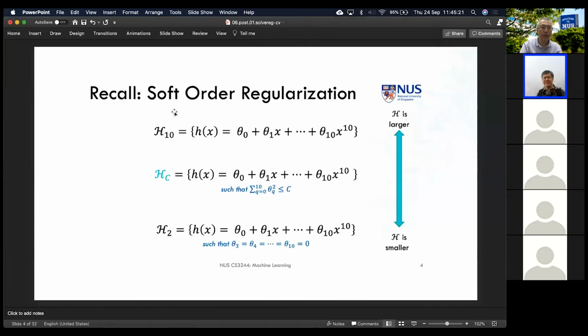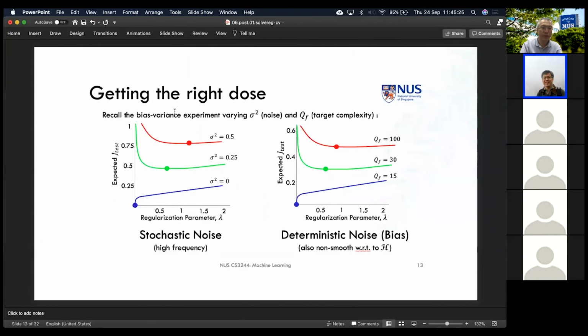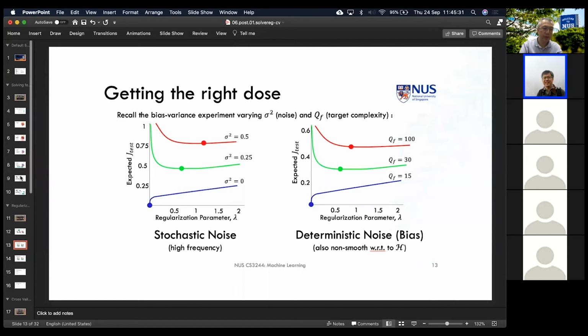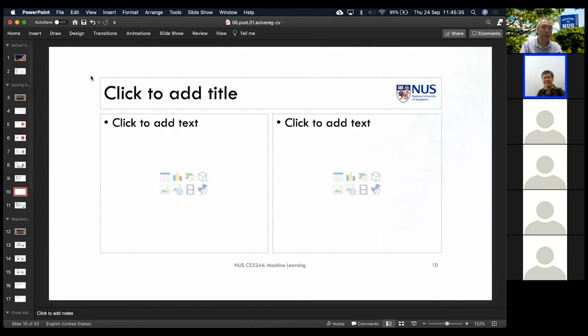I had an extra slide here, which I used before. Well, let me just add another slide then, and I'll get rid of all these things.